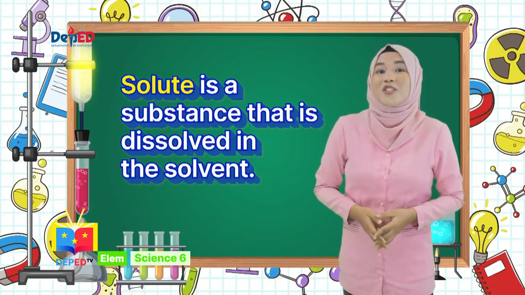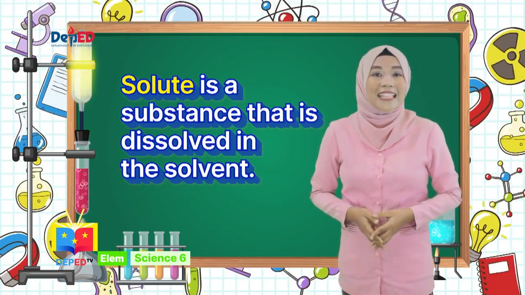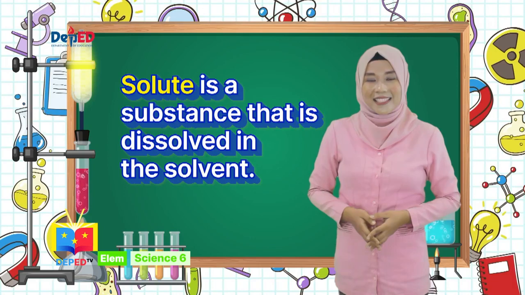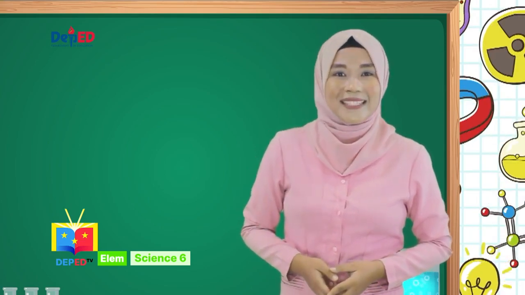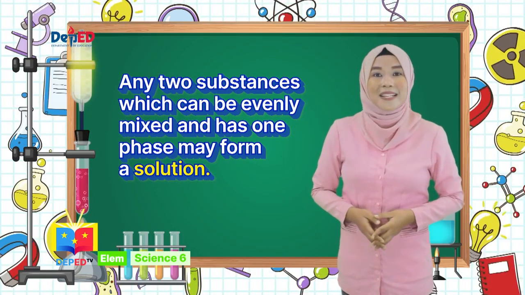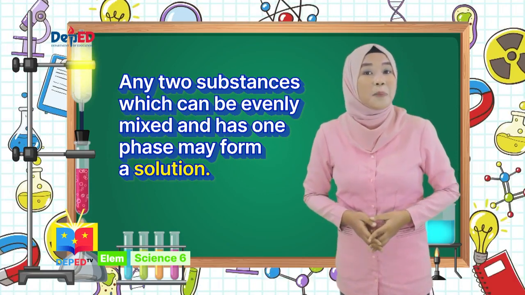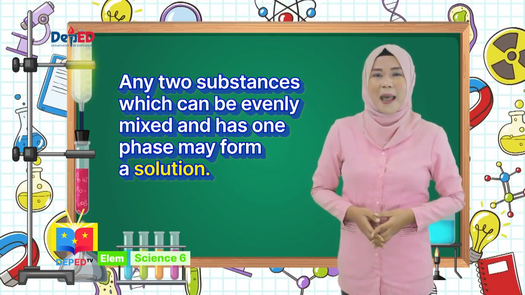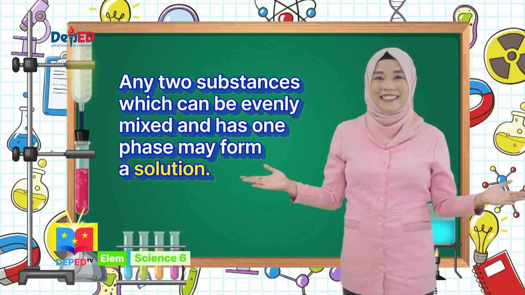Note that the solute is a substance that is dissolved in a solvent. For example, in a saline solution, salt is the solute, whereas water is the solvent. Any two substances which can be evenly mixed and has one phase may form a solution.